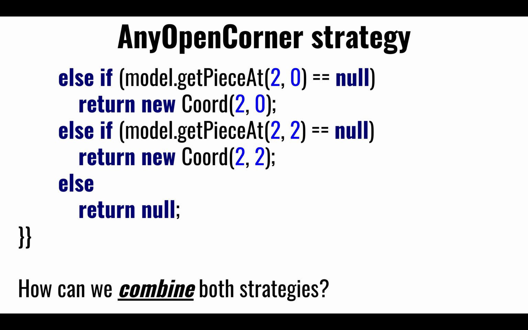We'll do it in a way that they're generic. You can pass any two strategies, and you can validate which one you would choose. And if none of them works, then it will return null, so that you can combine it with an even more complex strategy, and so on and so forth. So let's see how we combine them.